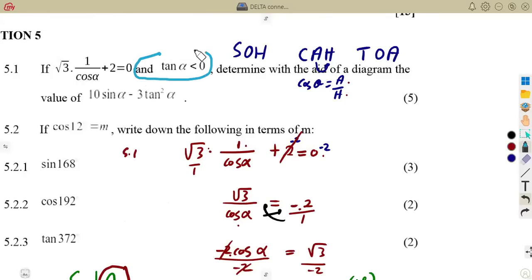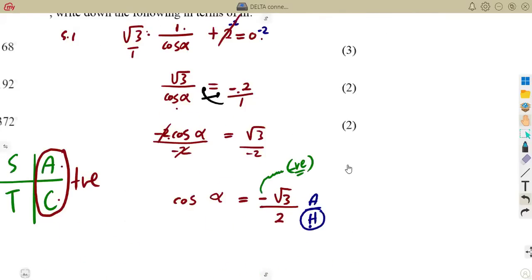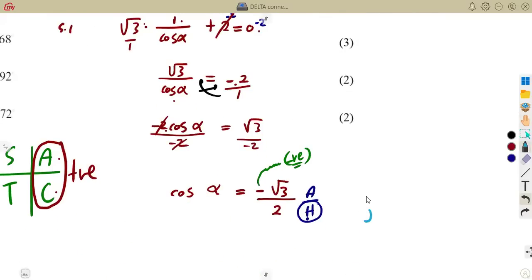So that is why they are giving us another interpretation about this ratio, and the tan of alpha, the same alpha, is less than 0. What does it mean? Even if we do not know the ratio, but we are told that it is less than 0, it is a negative value.